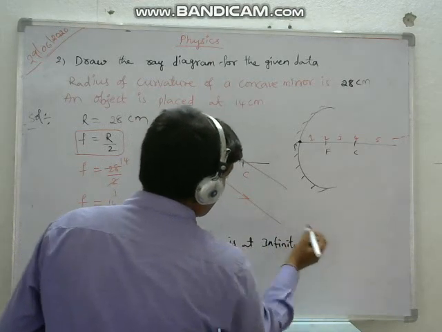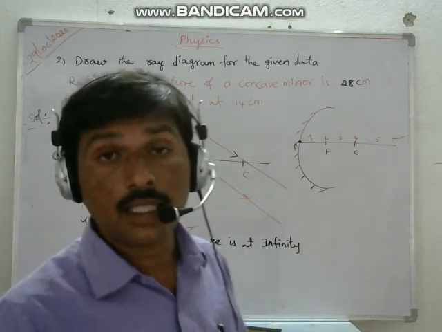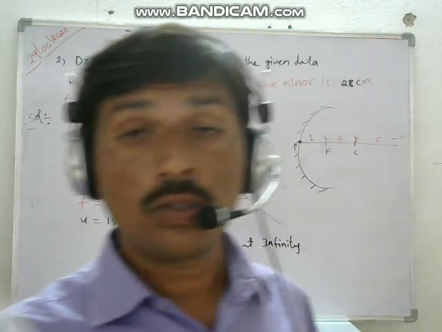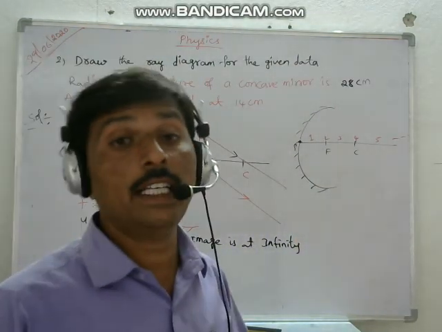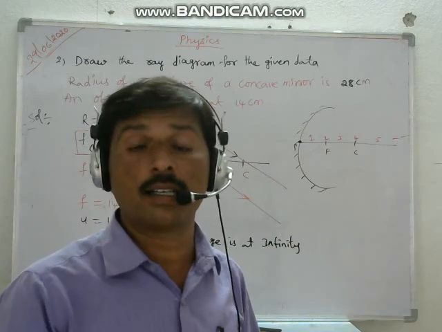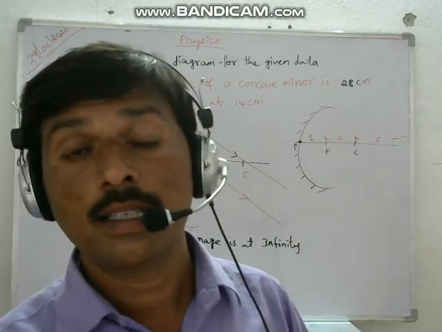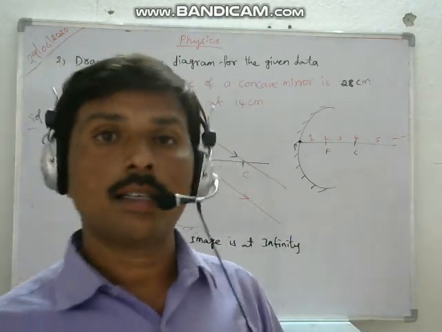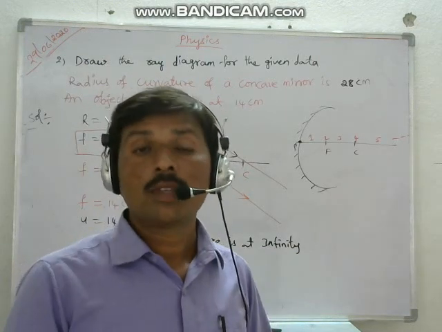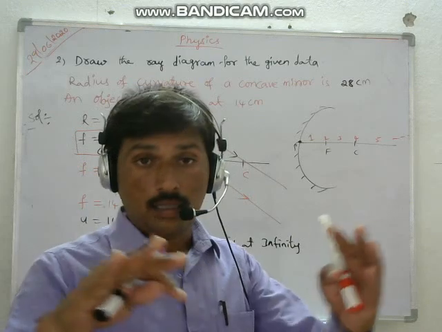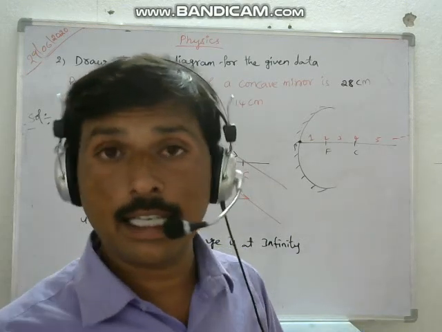Okay, this is how to draw the ray diagram by the given information without doing the solution. Sometimes we need to do the solution based on the given data. Sometimes they can ask image distance also and draw the ray diagram also. So based on the given data we can do the problem, or else we can draw the ray diagram only.